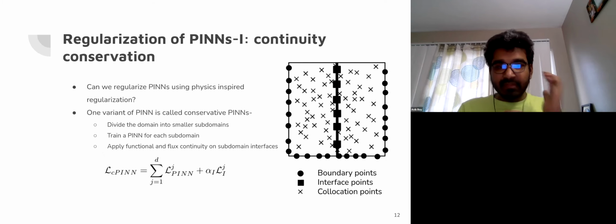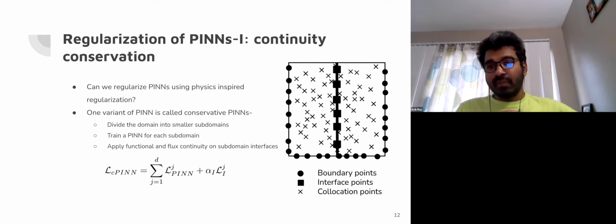Okay, now the question is, what can we do about it? One of the classic ideas that we can get from our experience in machine learning is that whenever we have some kind of overfitting going on, we try to regularize it.